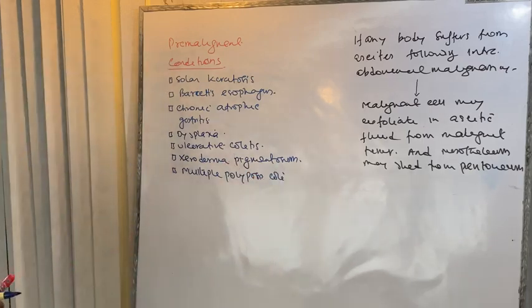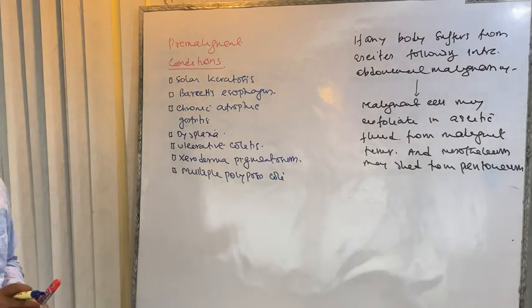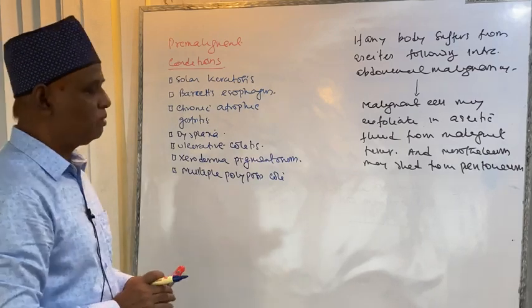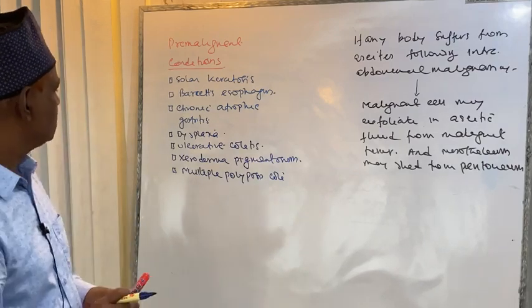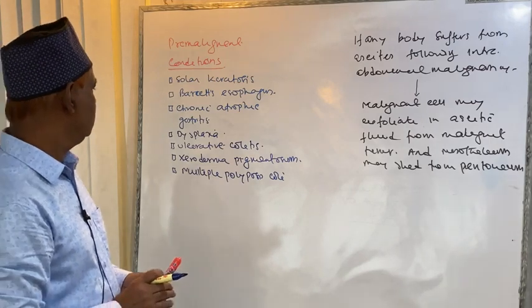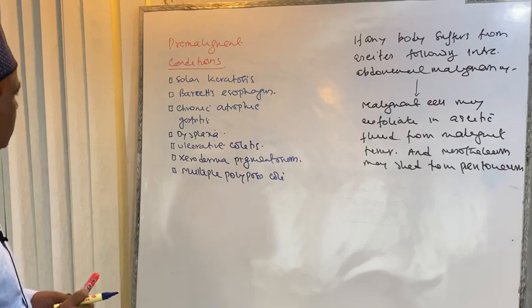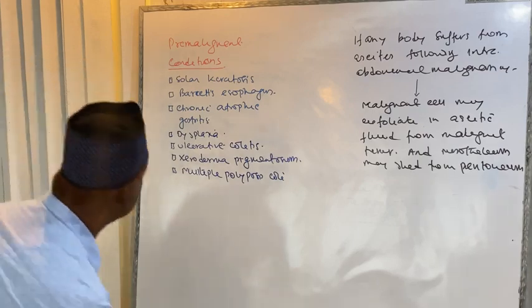These are the different premalignant conditions. Solar keratosis occurs in skin, Barrett's esophagus occurs in the lower end of esophagus, chronic atrophic gastritis, dysplasia, ulcerative colitis, Xeroderma pigmentosum, multiple polyposis coli.